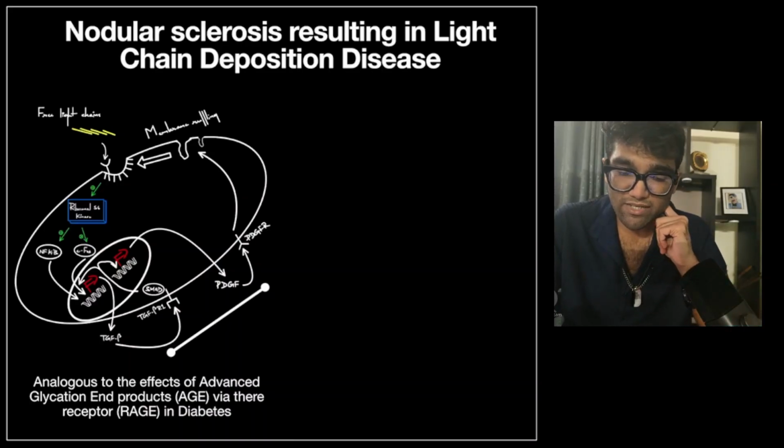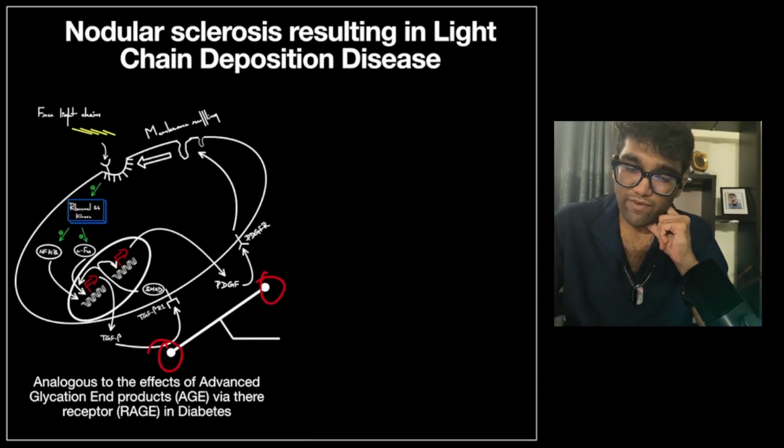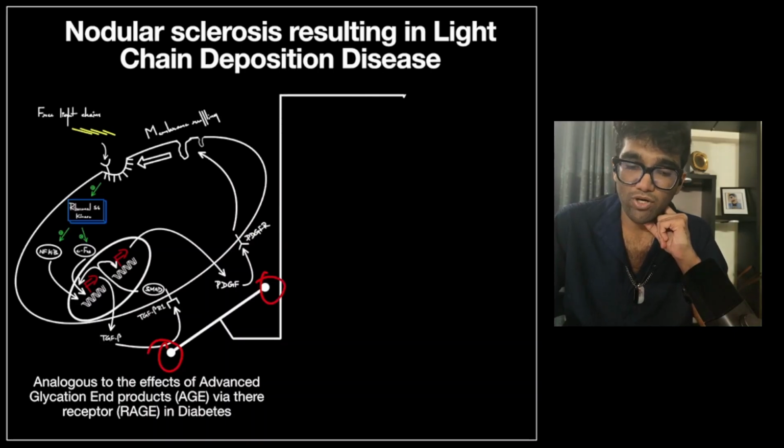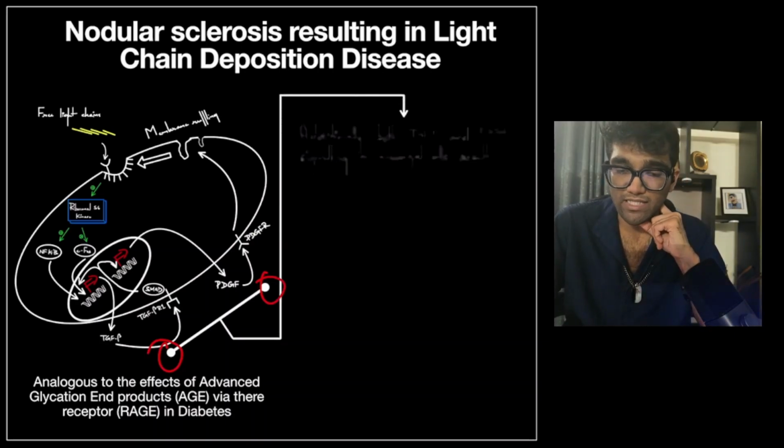So now TGF beta and platelet derived growth factor together have certain effects. Okay. They have two very important effects other than the positive feedback that I just described.